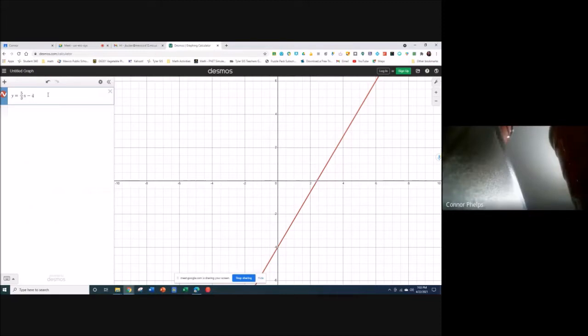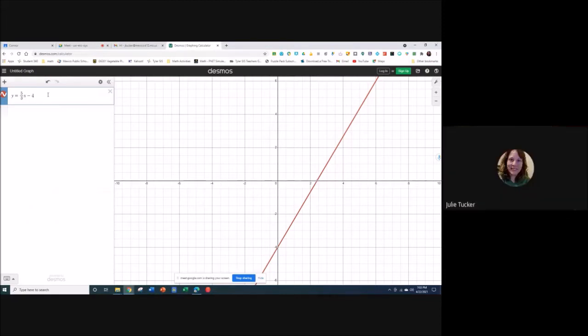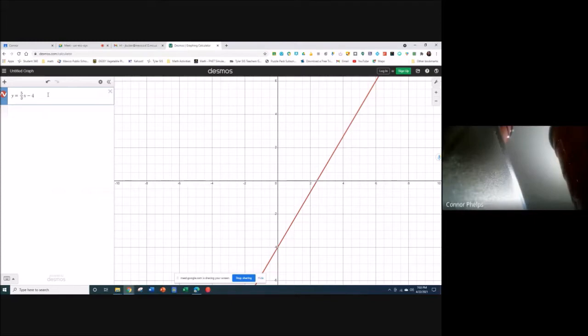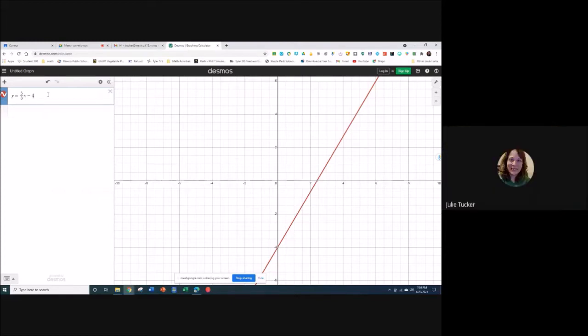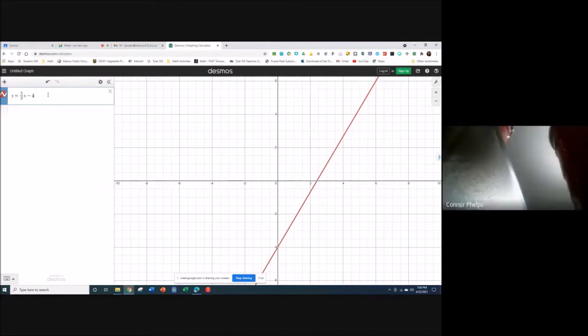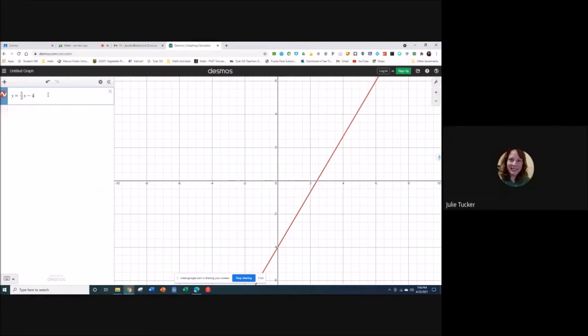How do I arrow out? To get out of the fraction. What does your keyboard look like, Connor? Do you have buttons that are like arrow buttons? I have arrows right by the shift.